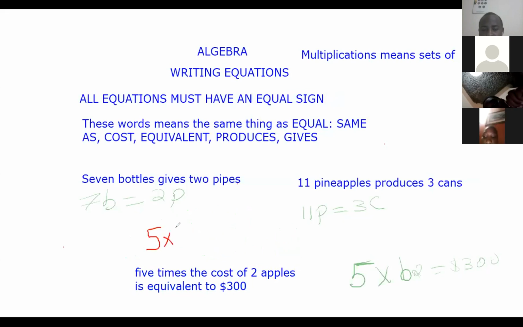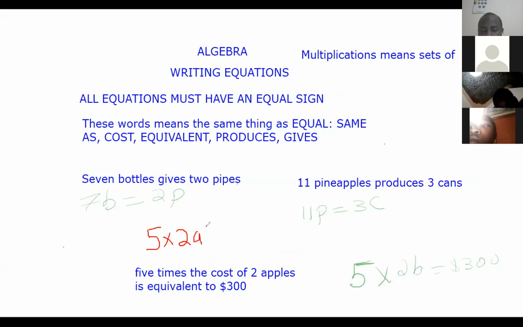Multiplied by 2p. Are we going to use p as the cost of 2 apples, or we can use a? Does it matter which letter we use? No, sir. It can be 5 times the cost of 2 apples. Can you use a? Yes, sir.